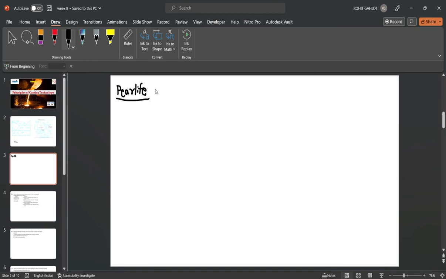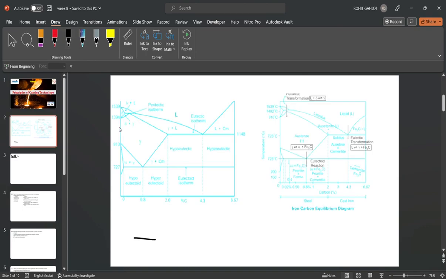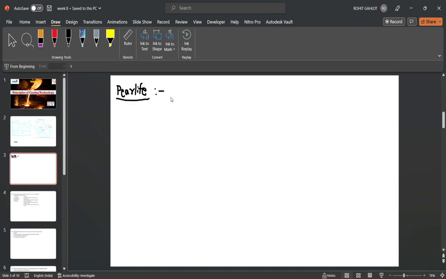Let's start with the pearlite. It is formed by the decomposition of the austenite at around 723 degrees centigrade.